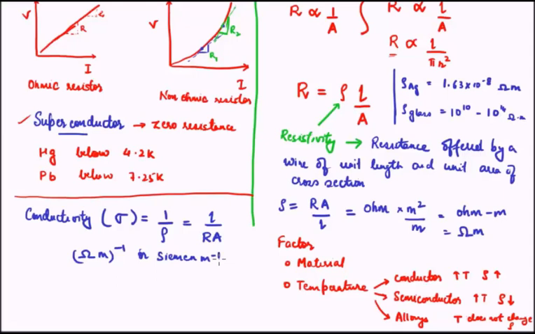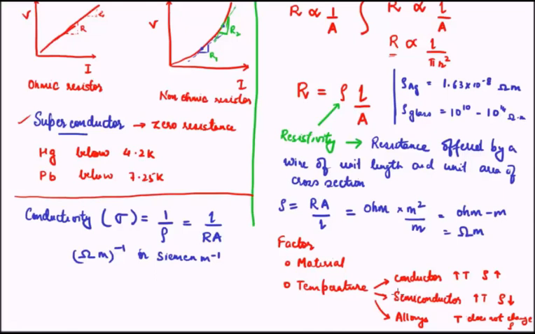But silver cannot be used for practical purposes, it being very costly, so normally copper is used. Then if we need something whose resistivity should remain constant with temperature change, we will use alloys. Namely, we can use manganin or constantan. These are materials whose resistivity does not change or changes very little.